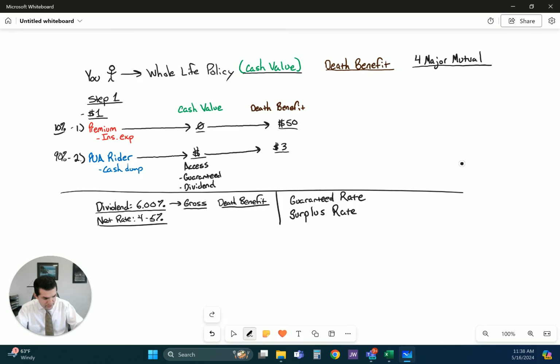So if you have a company that has a dividend rate, when you Google search it, of 6%, and your product has a guaranteed rate, let's say of 3%, what that means is the surplus rate is 3% too. So the guaranteed portion is different than the surplus portion.